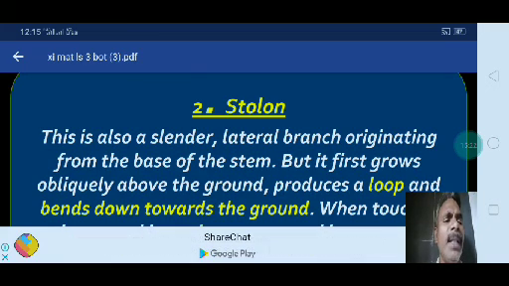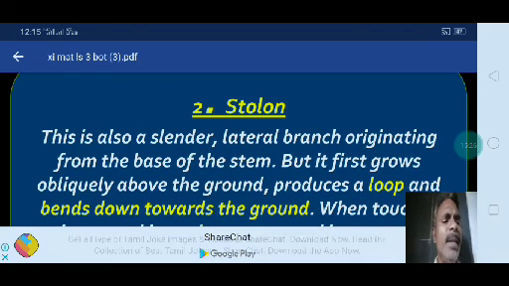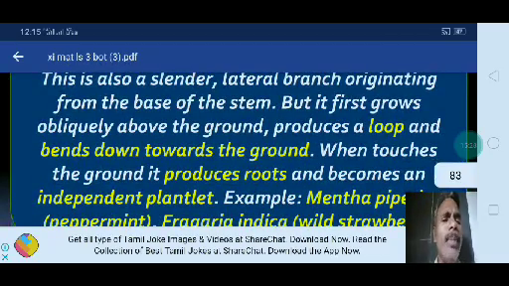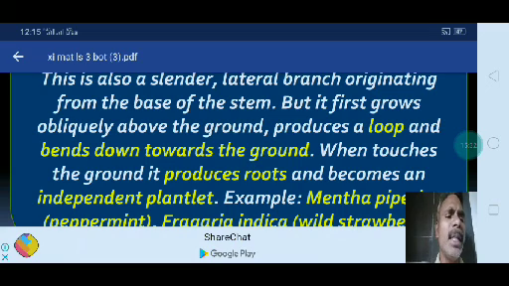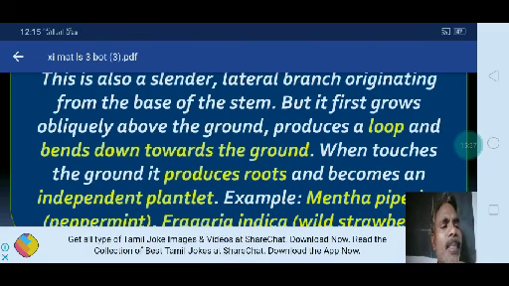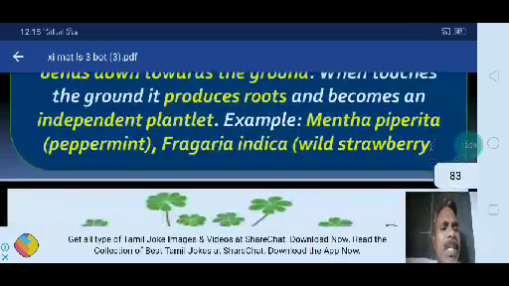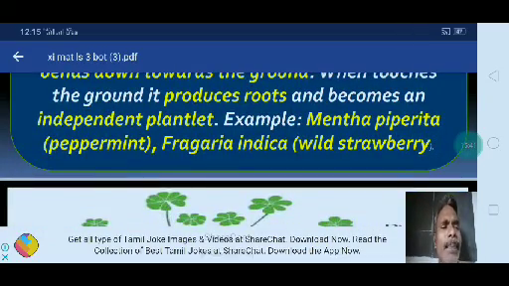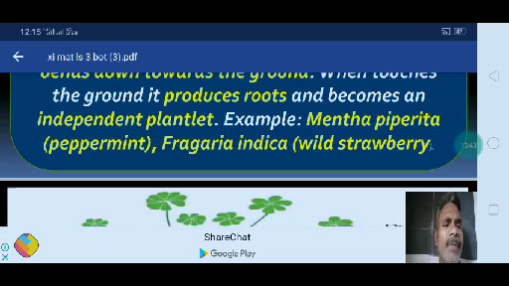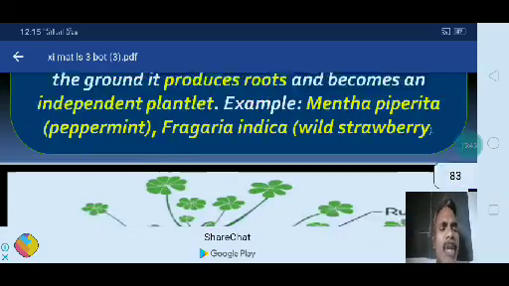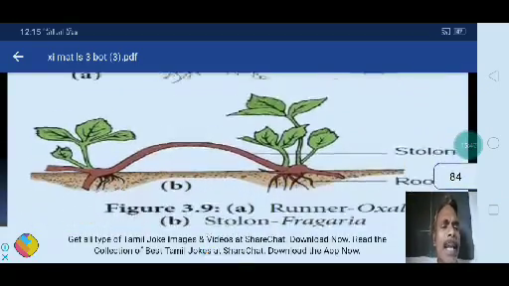This is also a slender lateral branch originating from the base of the stem, but it first grows obliquely above the ground, produces a loop and bends down towards the ground level. When it touches the ground, it produces roots and becomes an independent plantlet. Example, Mentha piperita, peppermint, Fragaria indica, wild strawberry.